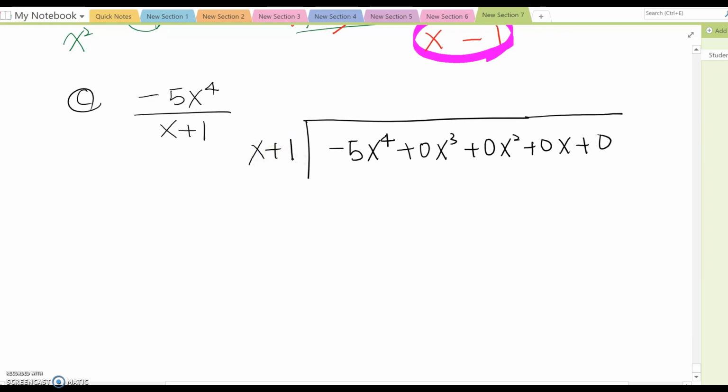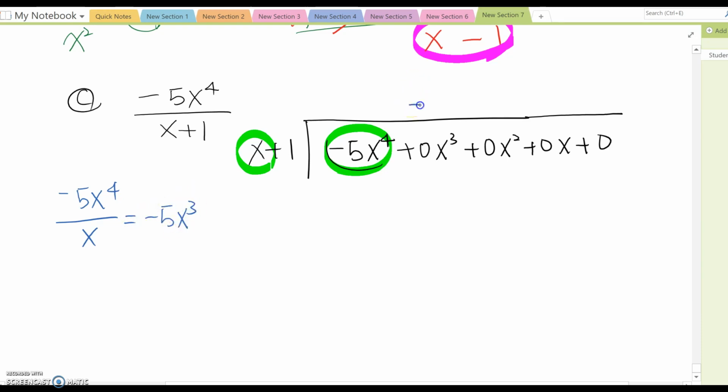Same way as what we have done before, we only compare the leading terms. Then it becomes negative 5x fourth divided by x, and our quotient becomes negative 5x cubed.